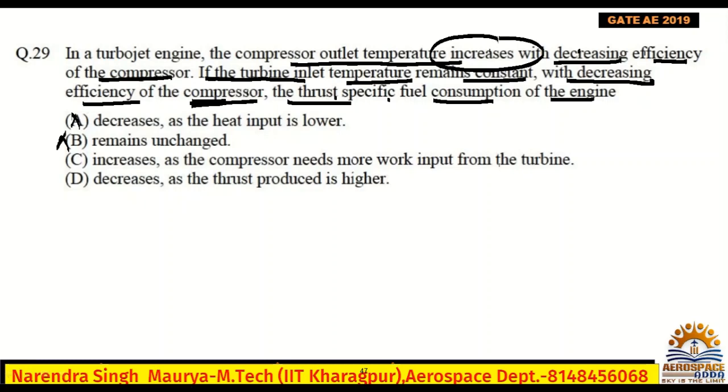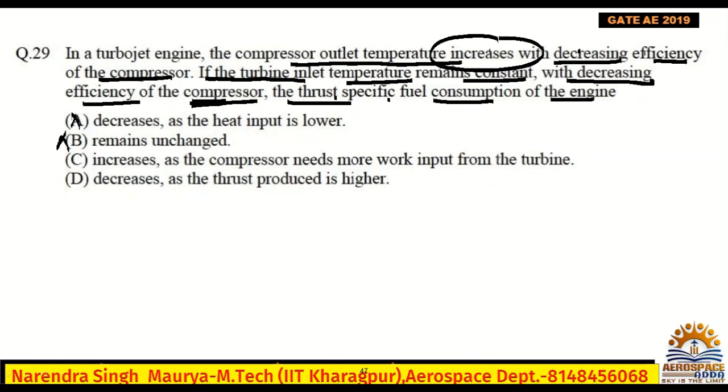For the turbine to do more work, its temperature also should not decrease. It means you have to burn more fuel so that the turbine can develop more work and transfer it to the compressor. That is also correct. If you go through this statement, needs more work input from turbine, you can understand it this way also.